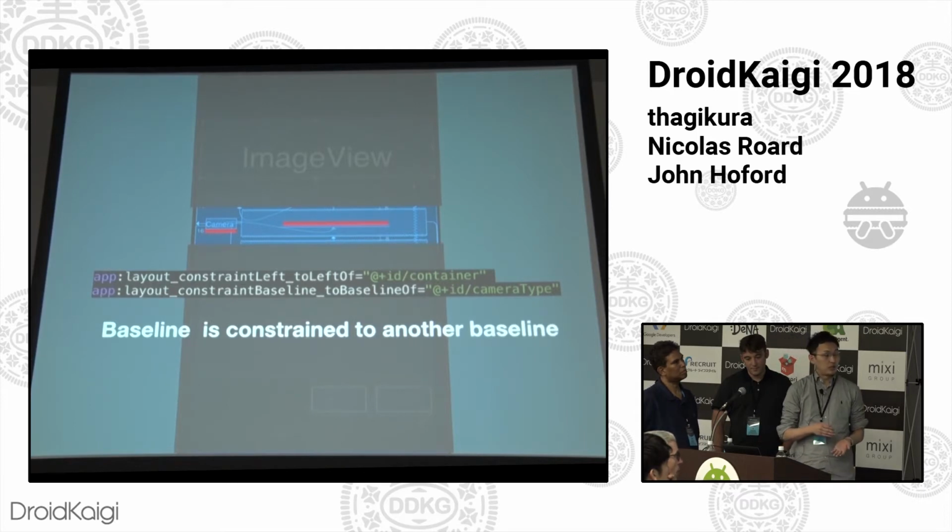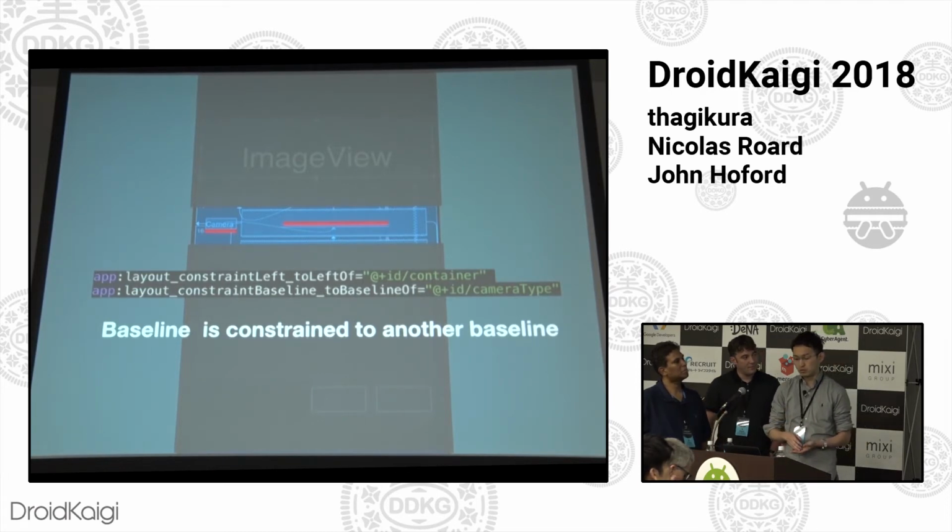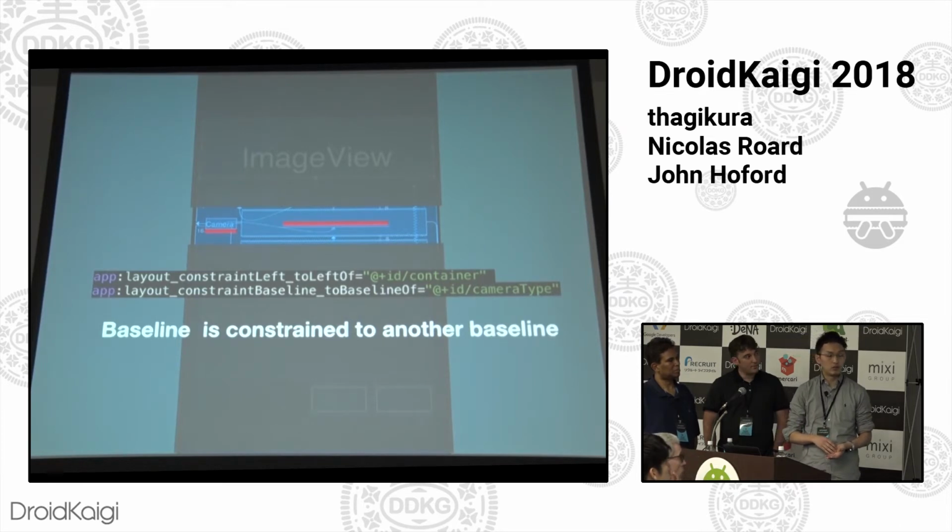We made a baseline connection from the left text view to the baseline of the right text view. As a result, the left text view is aligned vertically. Without using ConstraintLayout, you would probably end up wrapping these text views with a new view group.